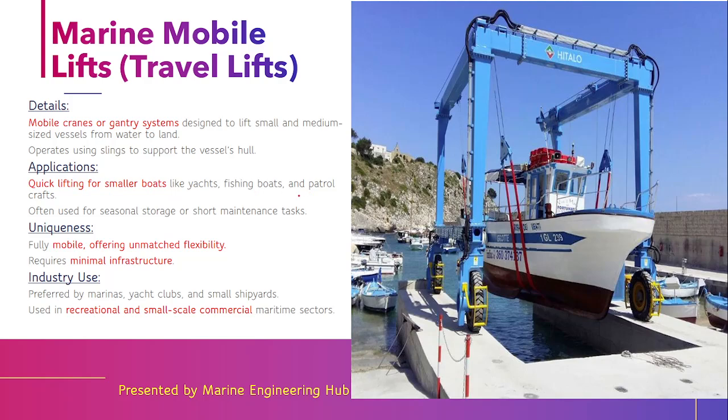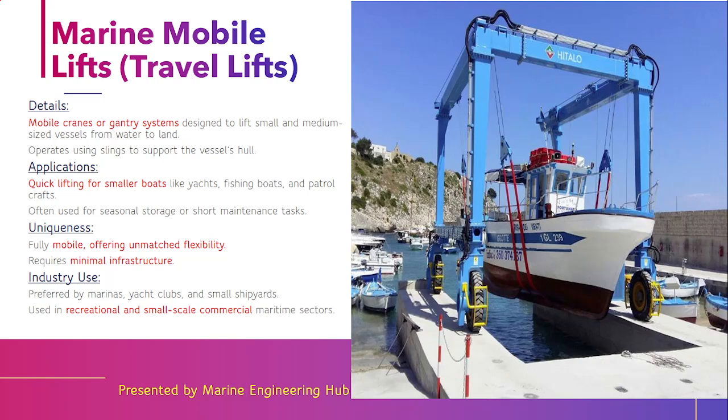Means any patrol craft or fishing boat or yacht you want to take out of water, you can use this mobile gantry crane. Uniqueness is that it is fully mobile, it can transfer from one place to another and it requires minimal structure. Industry wise, it is basically preferred for carrying out the maintenance of small ships, and it is basically used in small scale industry or the maritime sector.